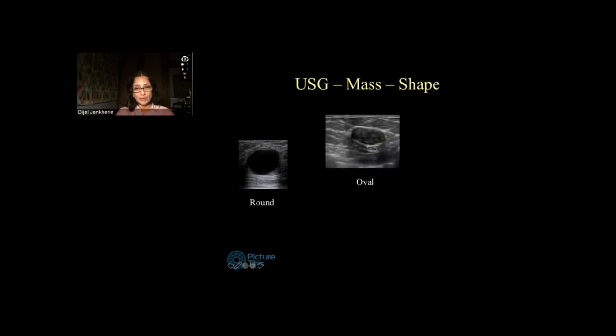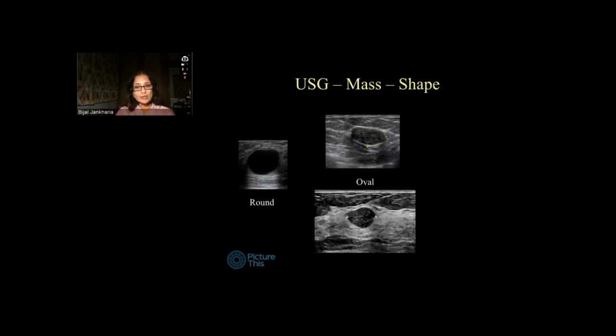By oval we mean ellipsoid in shape, but oval can also include gentle bi or trilobulations. Previously there was a word lobular that was used. It is no longer used, and if it is gentle bi or trilobulations, then we will give it as an oval shape, otherwise it would go as an irregular shape.